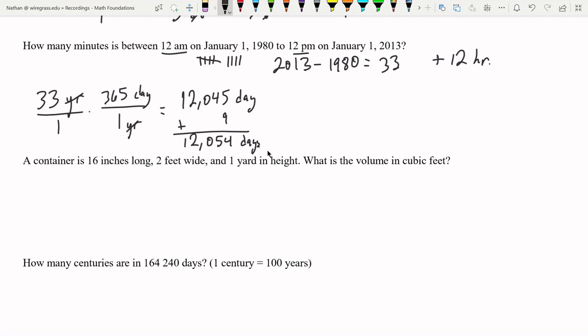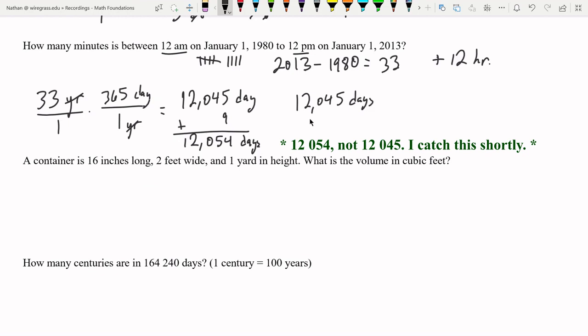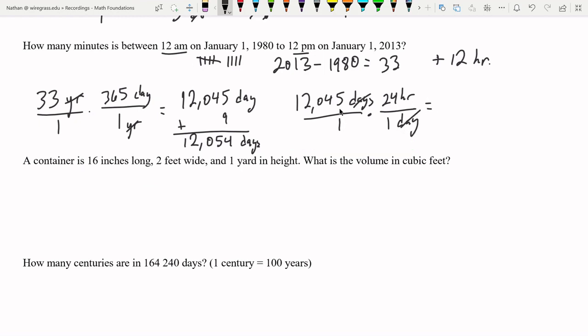Okay, now we need to convert this to hours because I want minutes, right? So I'm going to do 12,054 days. Sorry, it's 12,054 days. That's the days we wanted to use here.